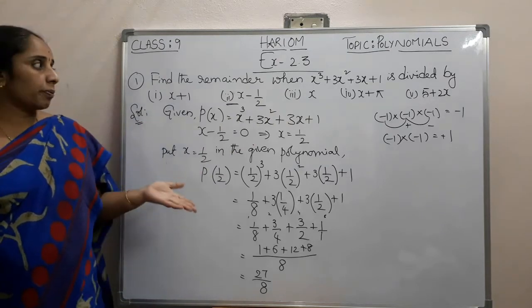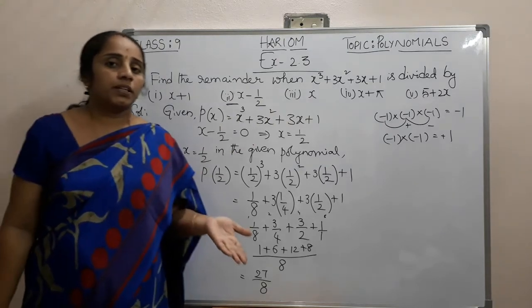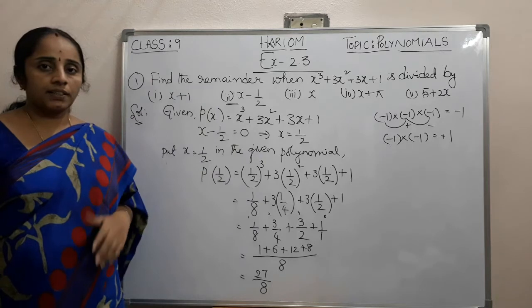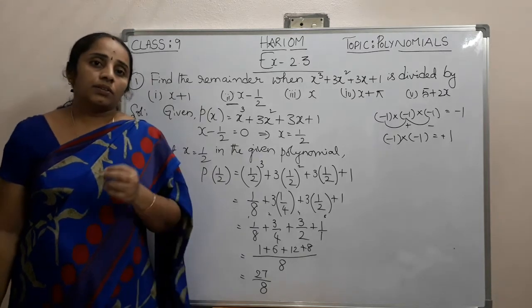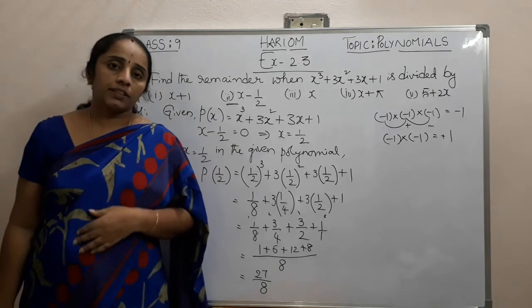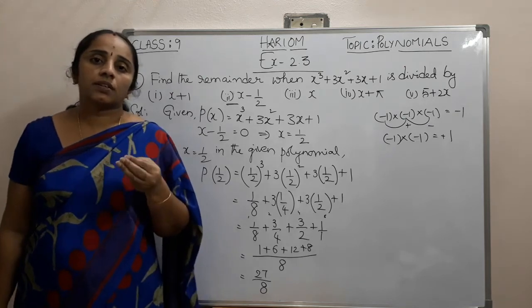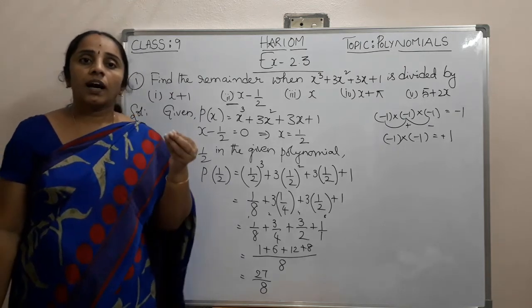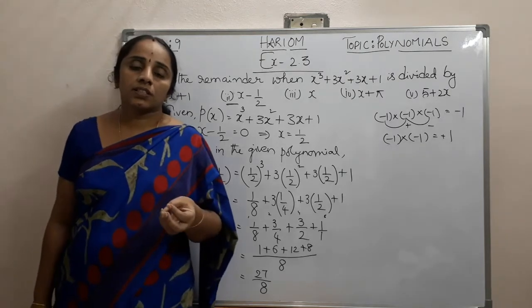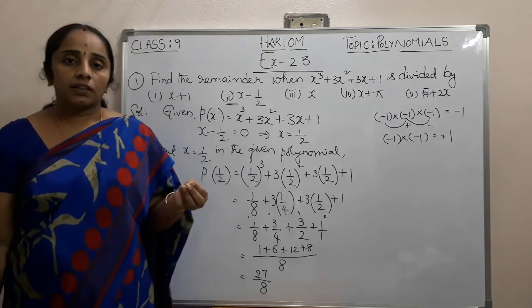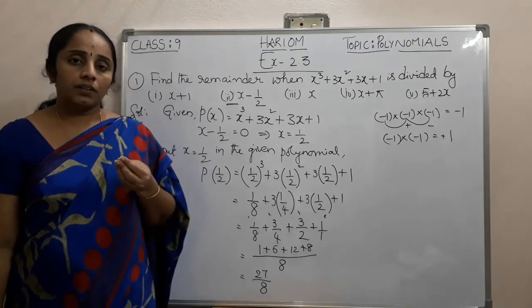See, the before problem I explained in normal division and using remainder theorem. While doing in normal division, sometimes we can face a little bit of confusion, and while doing simplifications it may also be somewhat difficult.